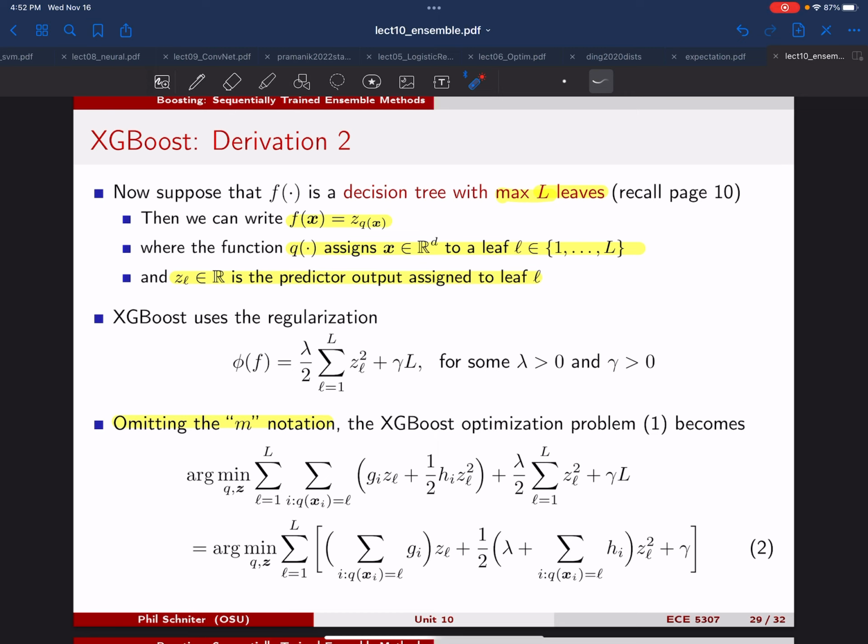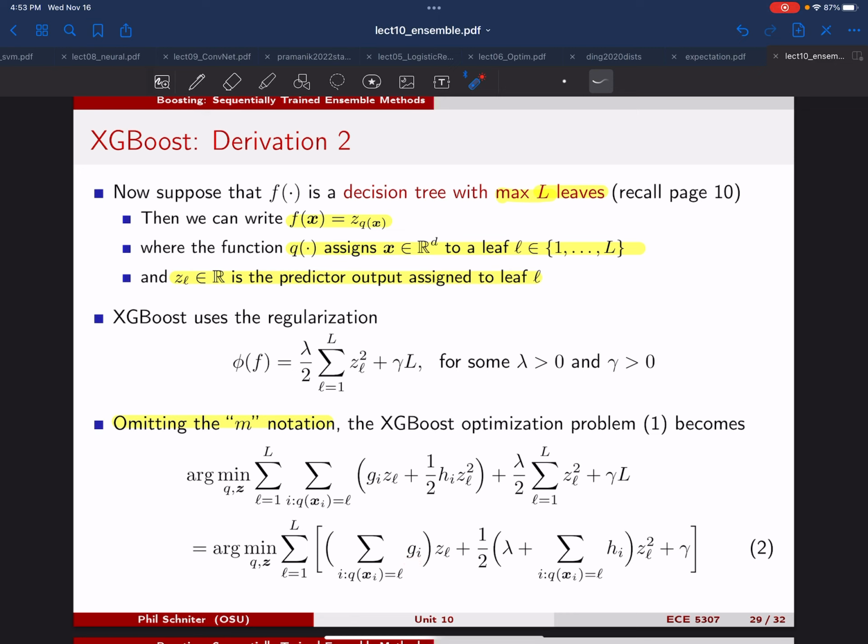So let's first notice that we have a quadratic in the Z's. We have a squared term, a linear term, and a constant term. So we're just organizing it into a quadratic. You can see that the linear term is this sum over I of the GIs.